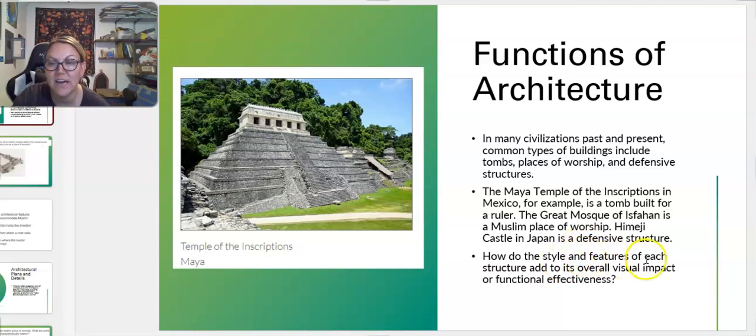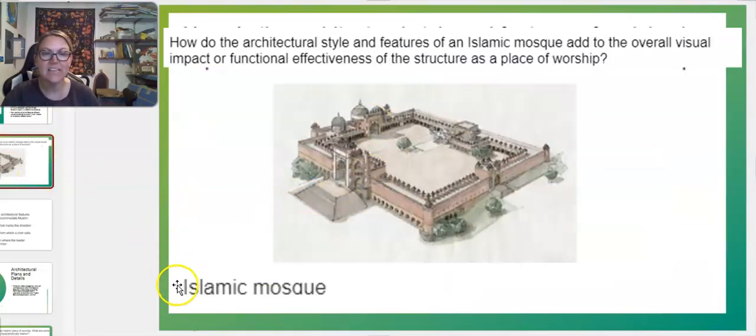How do the style and features of each structure add to its overall visual impact or functional effectiveness? Take a look here at the Islamic mosque. How do the architectural styles and features of this Islamic mosque add to the visual impact or functional effectiveness of the structure as a place of worship?